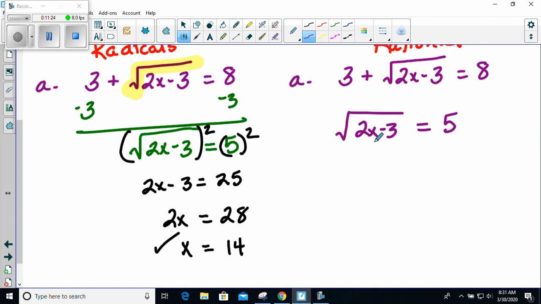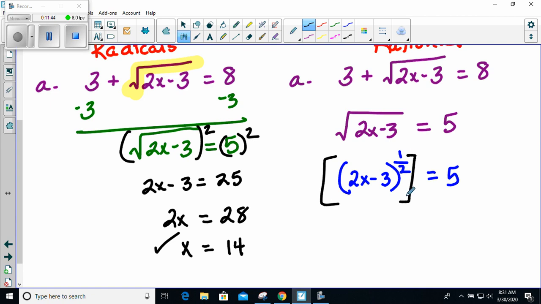Now, I'm going to change this to a rational exponent. 2x minus 3 is raised to the 1/2 power. I want to get rid of that 1/2 power. That's ugly. It's nasty. So to do that, I'm going to raise both sides to the reciprocal of that. When you do this, you multiply exponents together. 2 times 1 is 2, 1 times 2 is 2, 2 over 2 is 1. So that makes that 2x minus 3.